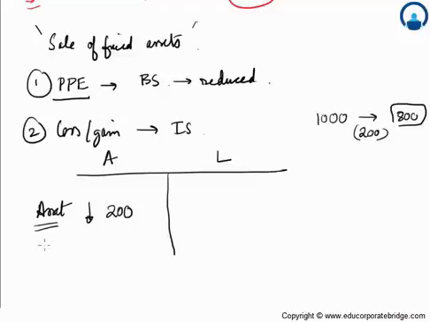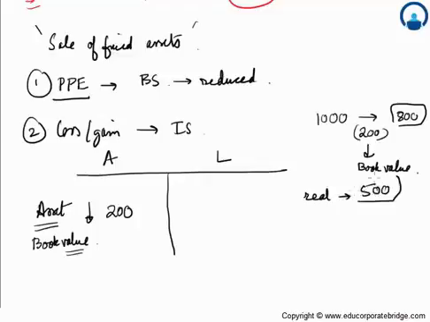But there is a word of caution here. When we reduce this 200, we are only reducing the book value. So we have sold an asset worth 200, which was only the book value of that asset. Maybe the real value or the market value of the asset was 500. Or maybe the real value of the asset was 100. That would be a loss as compared to the book value.